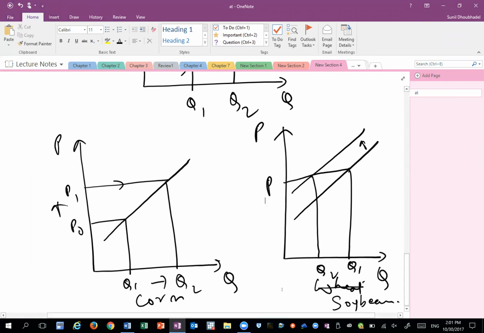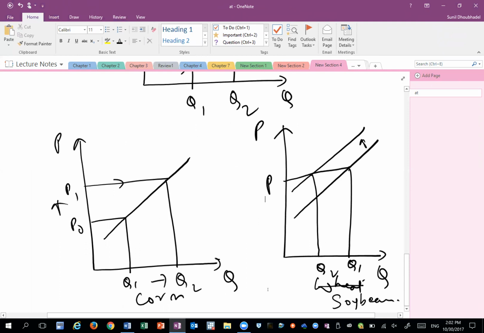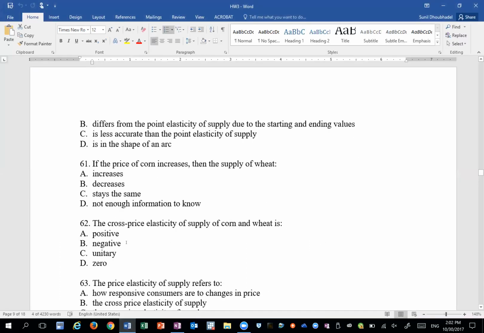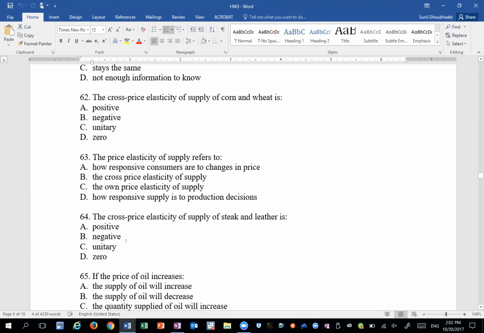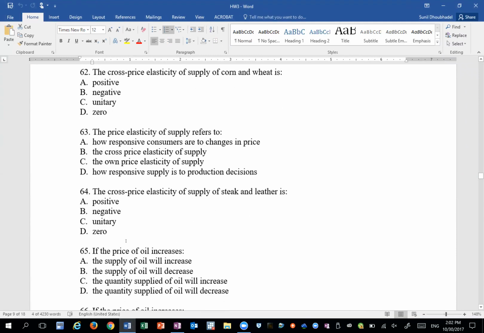So they are acting in opposite directions, right? That means they are negative. So the cross price elasticity in this case is negative.